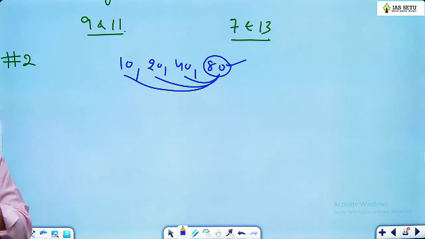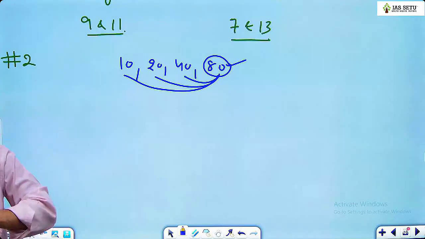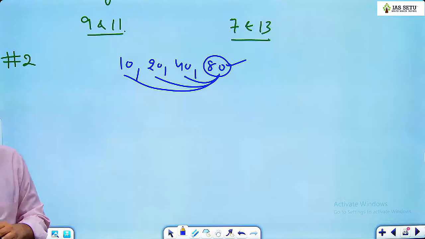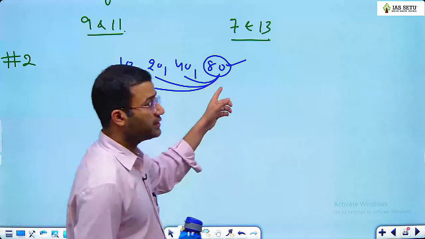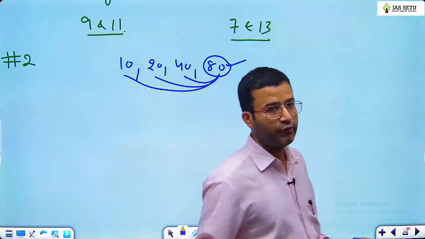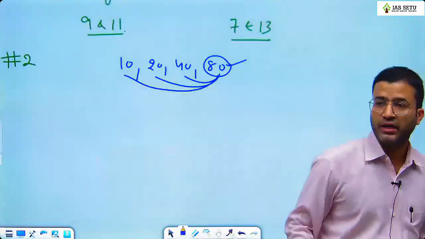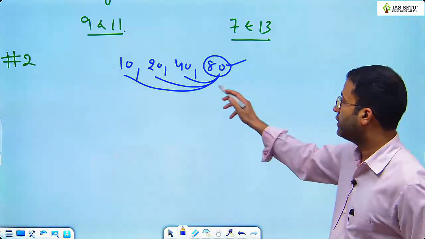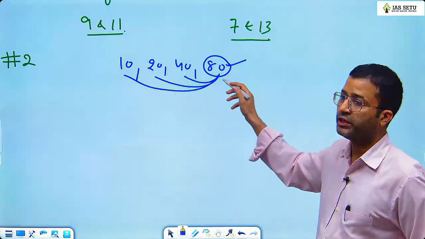You write 2-3 examples. First example is 10, 20, 40, 80. Since 80 is a multiple of 40, 80 is a multiple of 20, 80 is a multiple of 10. So here LCM of 10, 20, 40, 80 is 80.